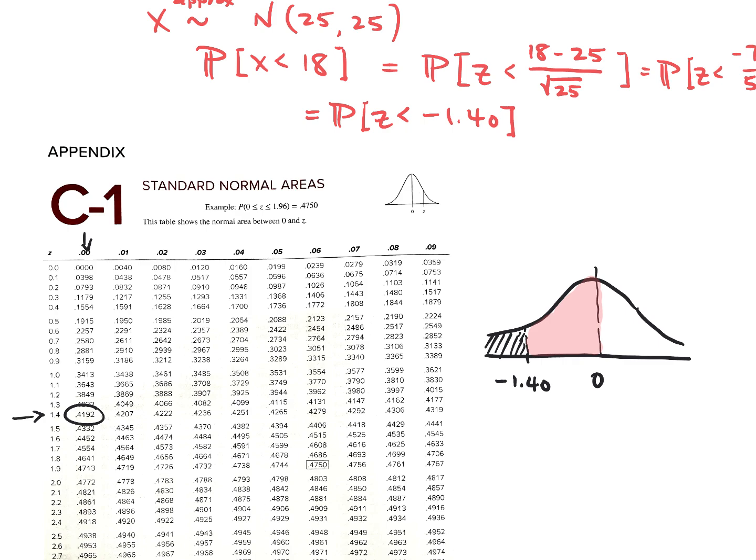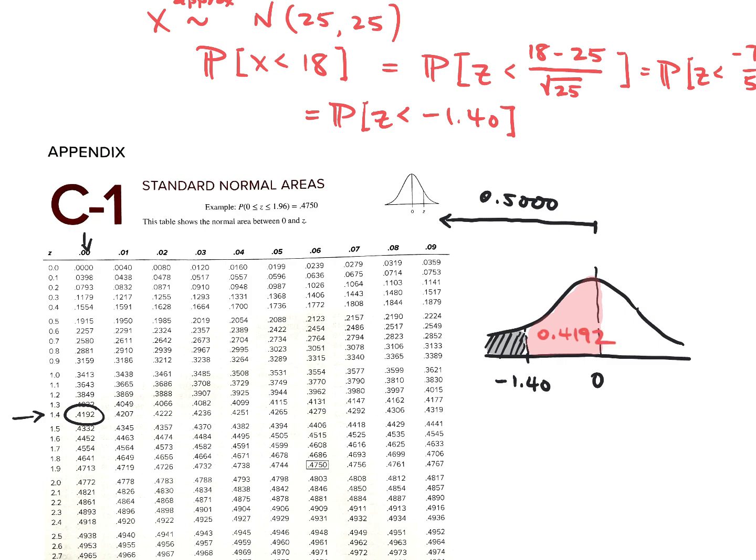Keep in mind that this whole area below 0 is 0.5. We want only the area that I've shaded in gray. But what the table tells us instead is that the area in red is 0.4192.